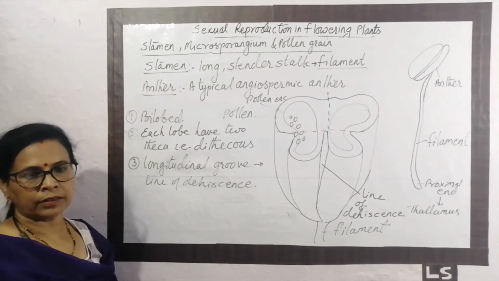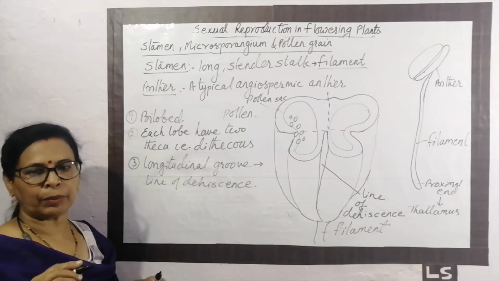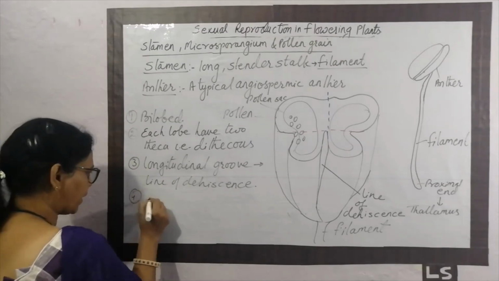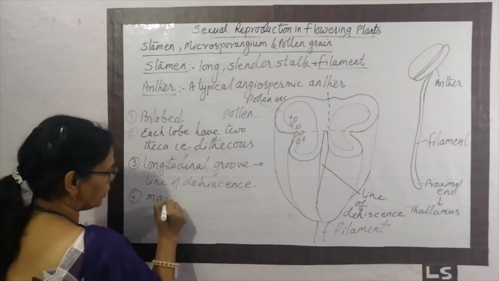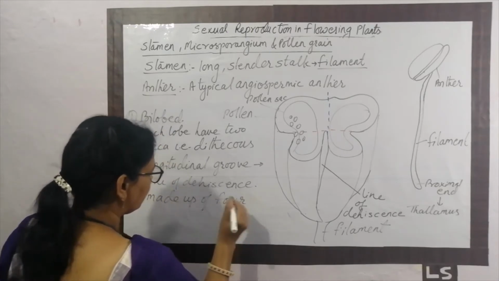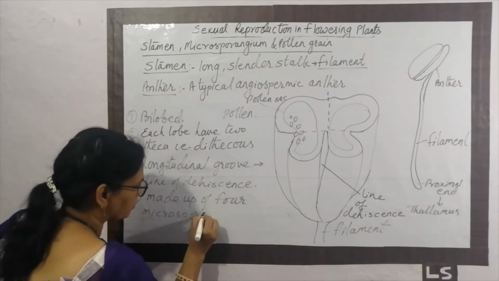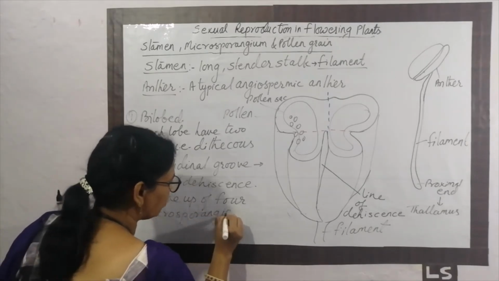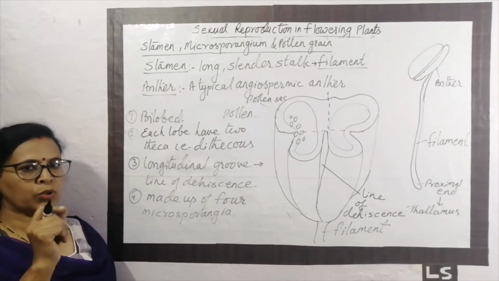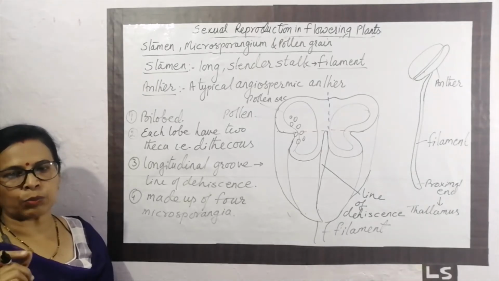Now the anther is made up of four thecae. It means it is made up of four microsporangia. Theca is actually the microsporangium. Each bilobe means two lobes are there, in each lobe two thecae are there, and each theca is actually a microsporangium.